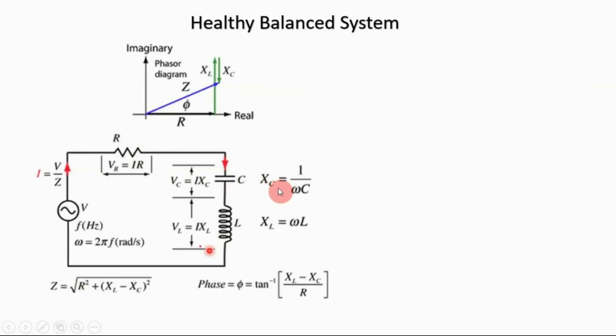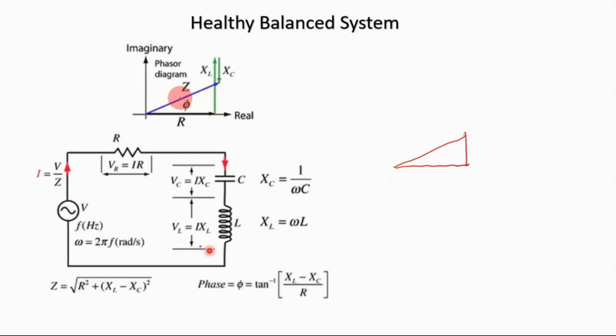The capacitive reactance is always equal to 1 over omega C, and for the inductive reactance, omega L. To get the phase, you subtract the capacitive reactance from the inductive reactance, divide by the resistance, and get the inverse tangent of that. So you'll find phi. You can also use this for the relationship with power, because power is also represented in a right triangle.